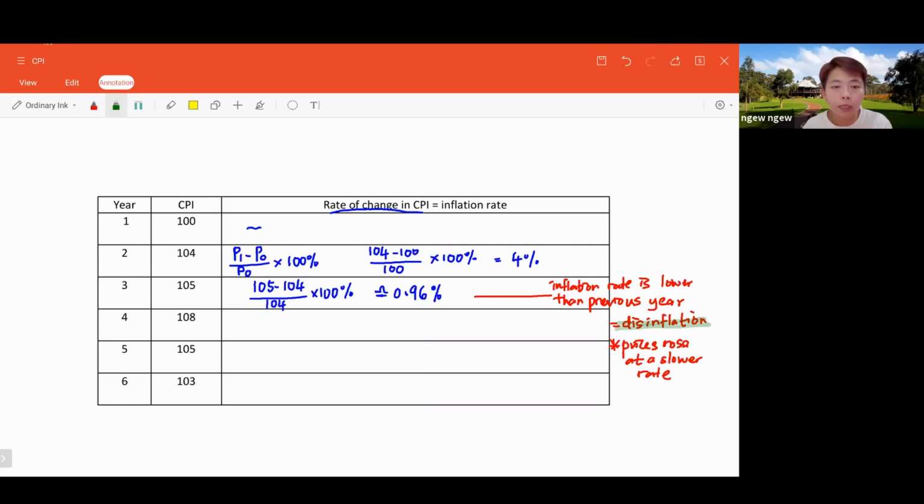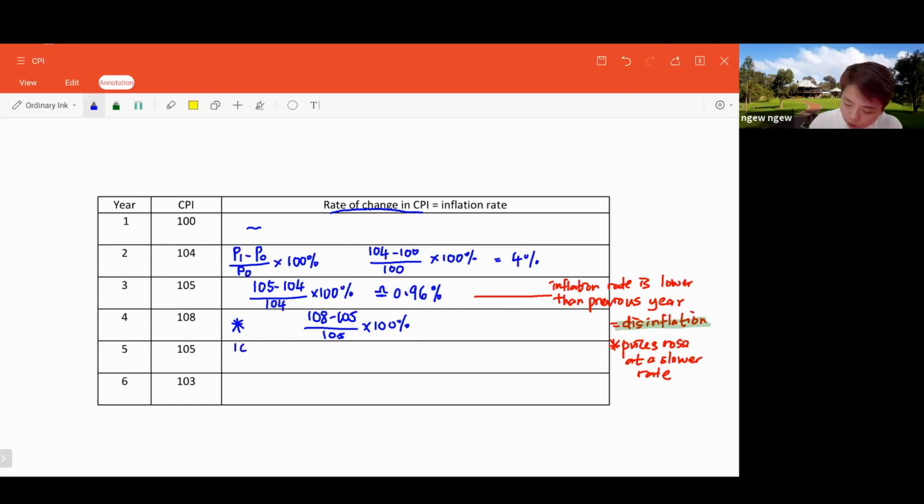Learn this new term. Again, guys, I leave it to you to calculate the inflation rate, but the formula again is 108 minus 105, over 105, multiplied by 100. And for the second one, we know this is deflation based on what we learned previously.